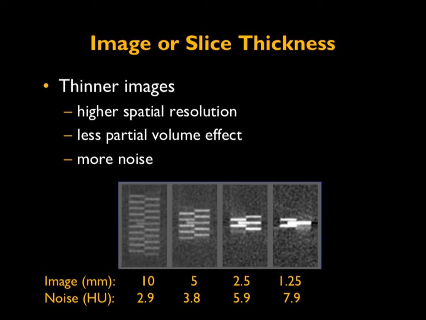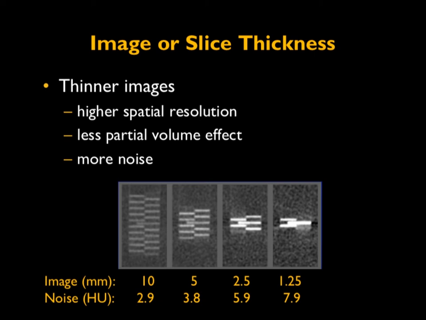Basically telling us thinner images imply higher spatial resolution, less partial volume effect, but can have higher noise. So there is a trade-off with respect to spatial resolution and slice thickness.